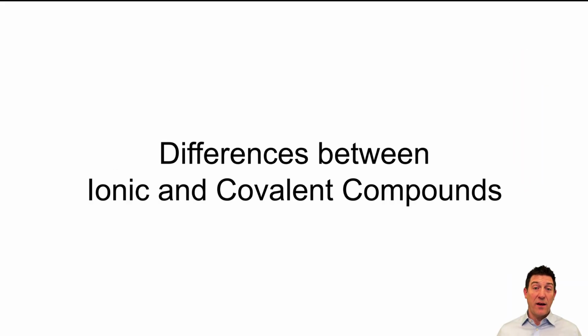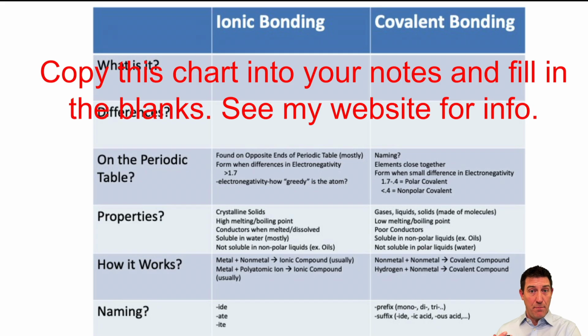Covalent compounds and ionic compounds have different properties as well. They act very differently, and it's important to be able to recognize those differences, because if you're dealing with an ionic compound versus a covalent compound in some sort of reaction, you know how they're going to act. Now, I've kind of made a mess of my page up here, but I have my students copy this into their notes, because this is kind of our foundation of making the transition from ionic to covalent, but then being able to use both of them throughout the rest of the course.